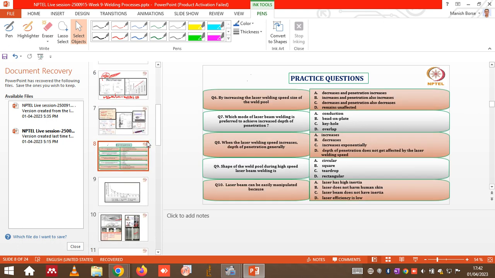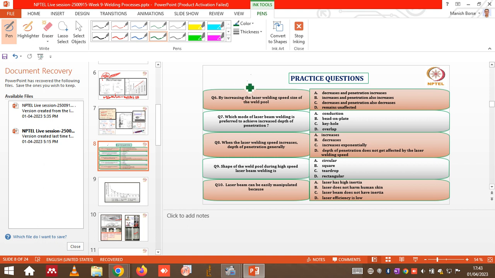Also we have seen that by increasing the welding speed, the size of the weld pool changes. If we increase the welding speed, the time spent on a particular location by the source or torch is very small.